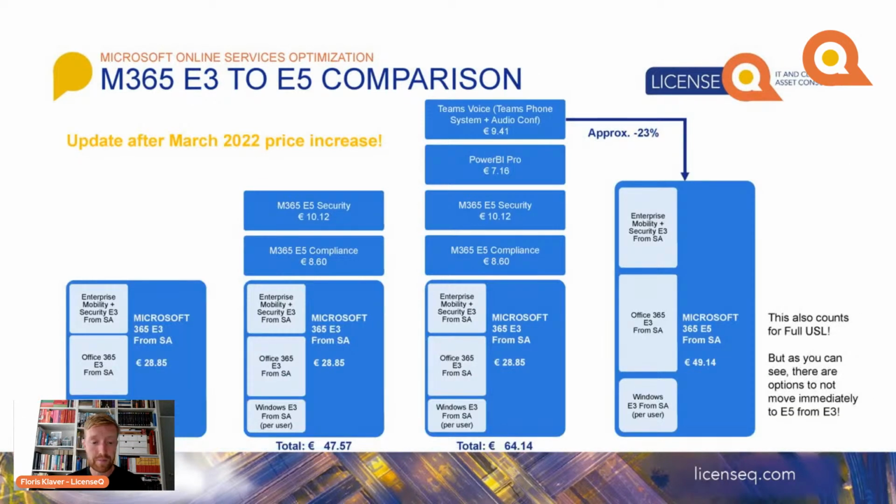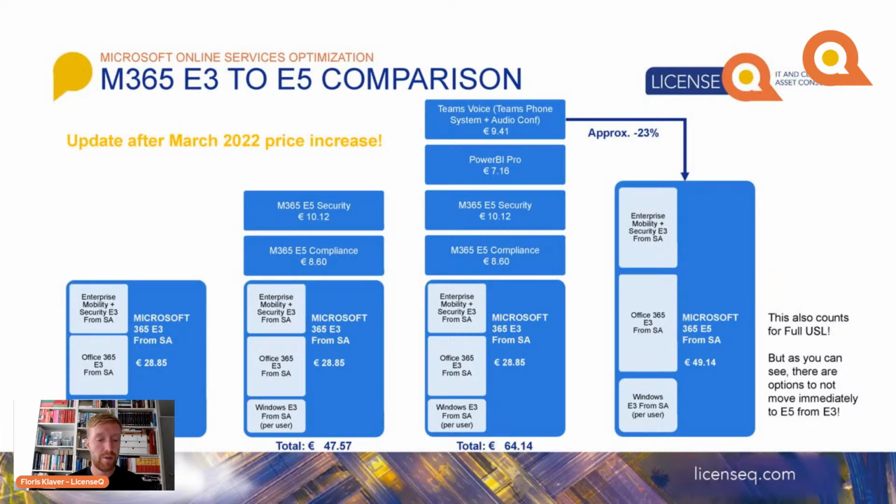So I updated these slides that I presented somewhere last year based on the March 2022 price increase to show your options and how you should actually, according to us, go about identifying your needs and requirements.